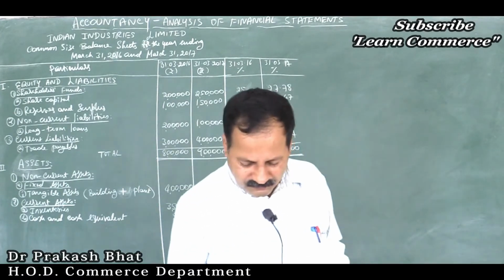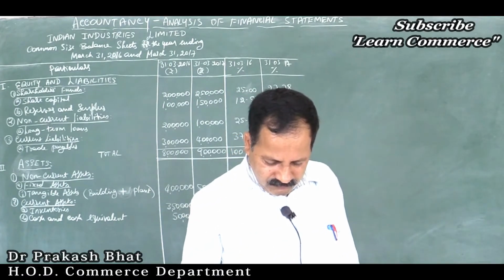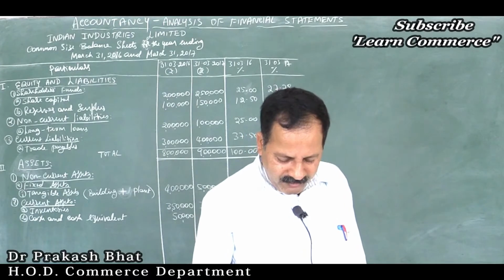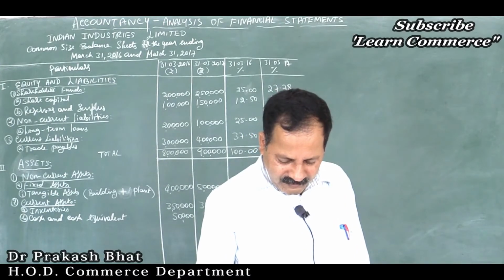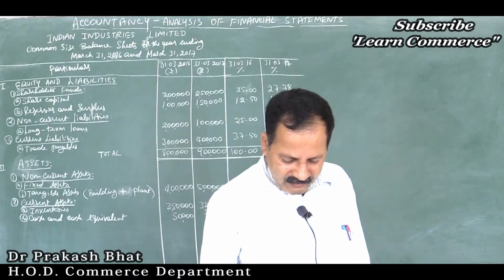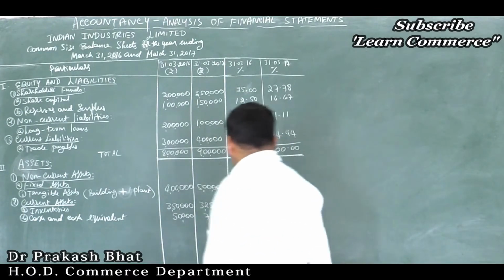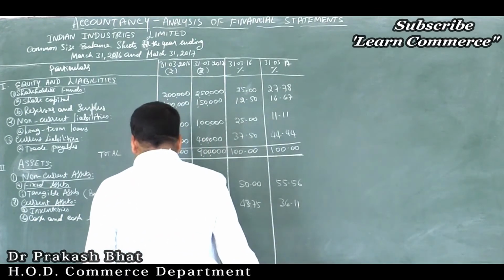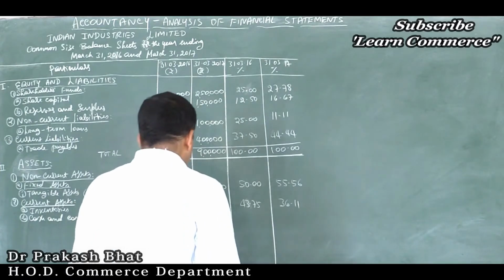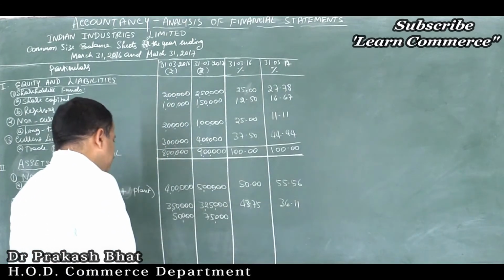Calculate now. 50,000 into 100 divided by 8 lakh. How much is it? 6.25. Is that correct? 8 lakh means 100, 5 lakh means 6.25.